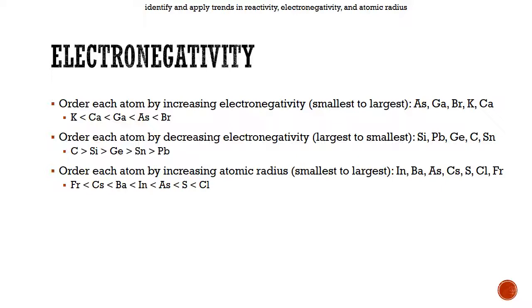And we'd go from francium to cesium to barium to indium to arsenic to sulfur to chlorine. Excuse me, this is electronegativity; I forgot to change the name here. So this is for electronegativity. We'd start with francium and then work our way up through chlorine there, going bottom left to top right.